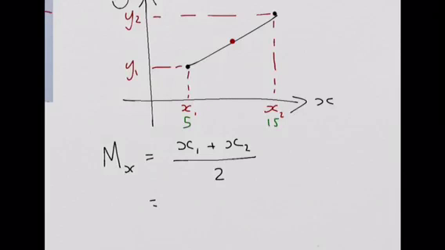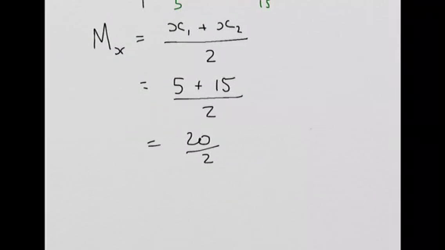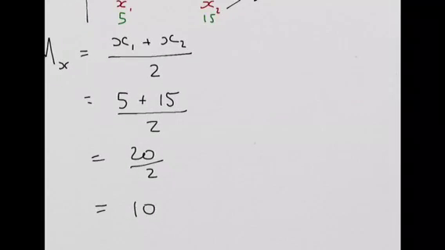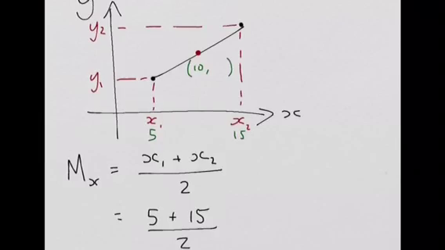Then that would be equal to 5 plus 15 over 2, which equals 20 over 2, which equals 10. Cool. So the x coordinate of our midpoint has a value of 10. We don't know our y coordinate yet. You have to remember with a midpoint to find two coordinates, the x and the y.